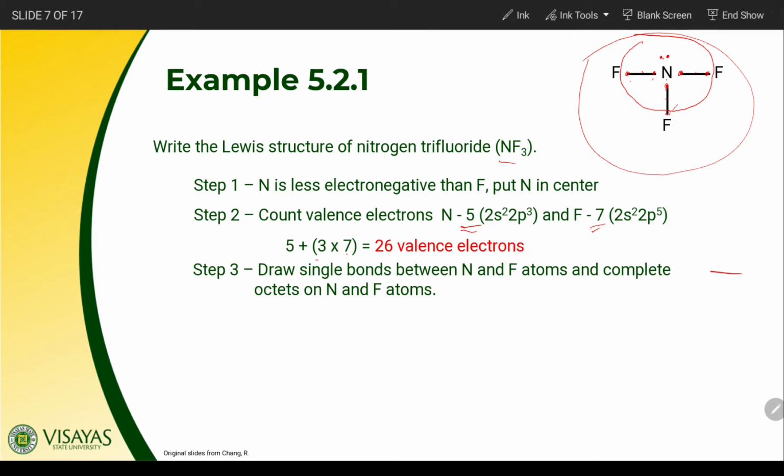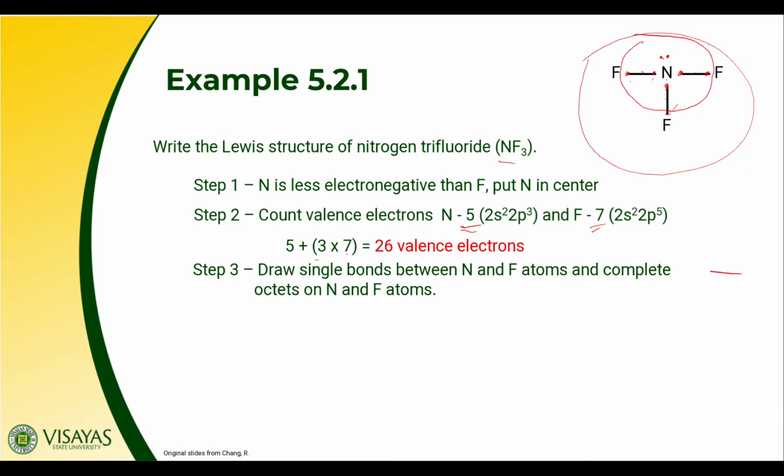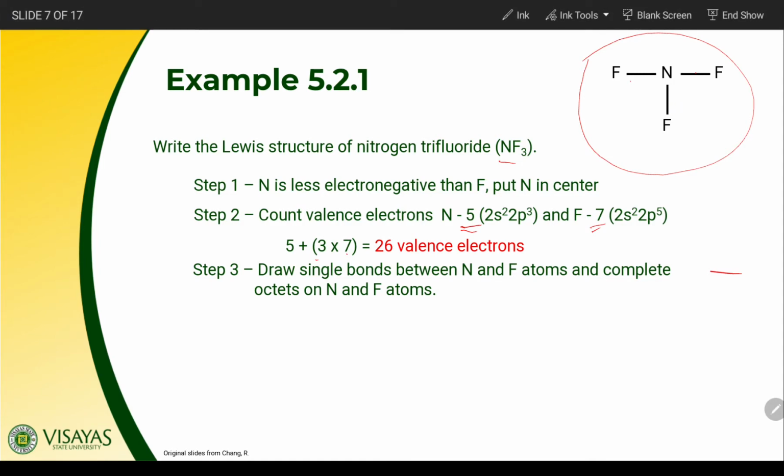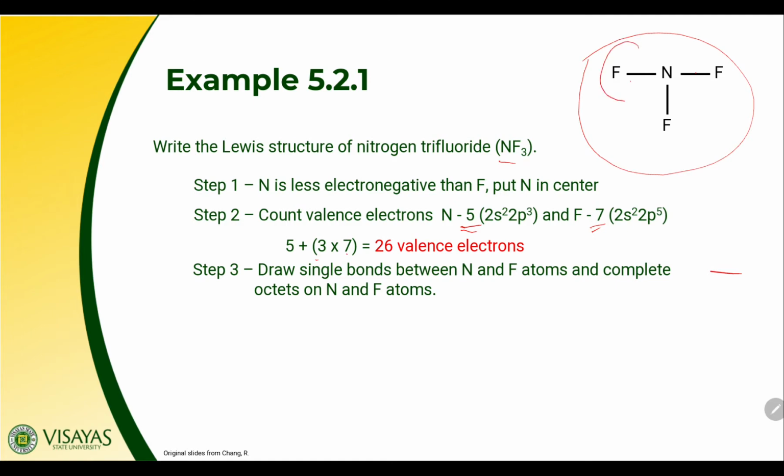How about for the fluorine atom? How do we complete the octet in fluorine atom? Let's look at this fluorine atom first. This fluorine atom has one single bond, or one covalent bond with nitrogen. Again, in a single covalent bond, we have 2 electrons.